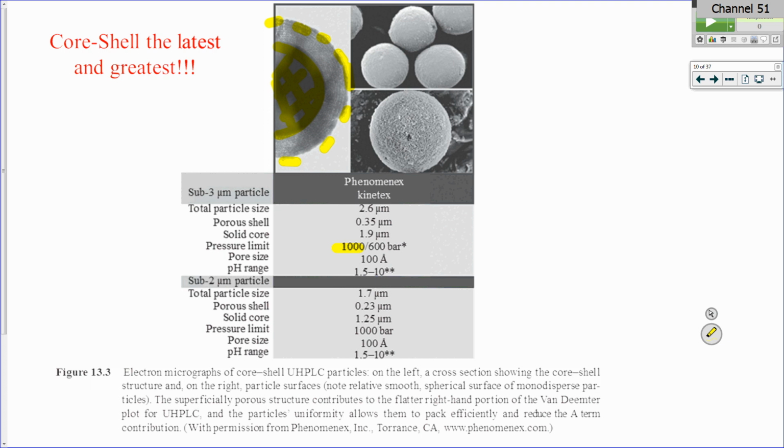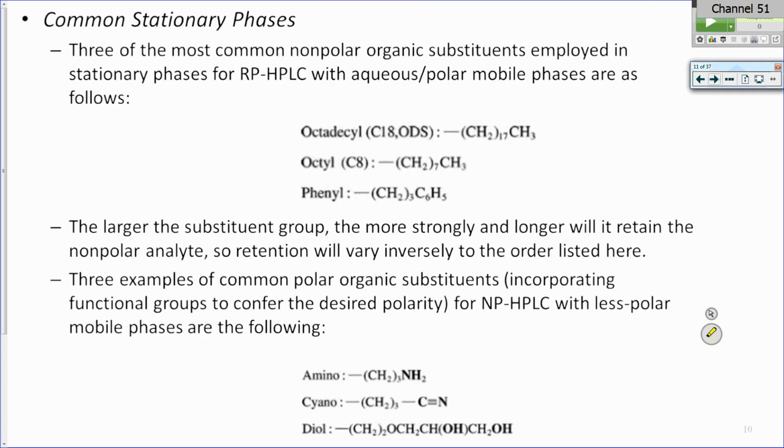Those give us a lot of capabilities to go faster, and you can go faster and faster and faster. These particles less than 2 microns, that's the driving force. There's a core underneath that's 1.25 micron, and then it's got a shell on the outside that's 0.23 on each side. These are really, really strong and powerful support particles.